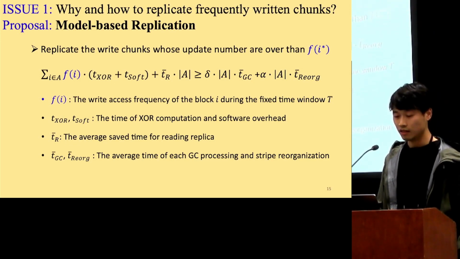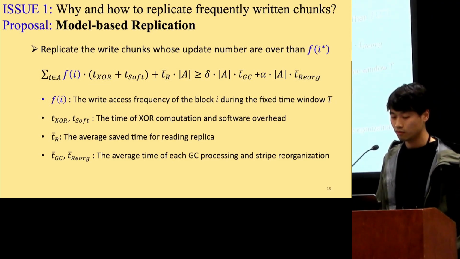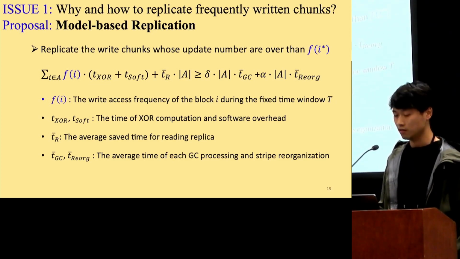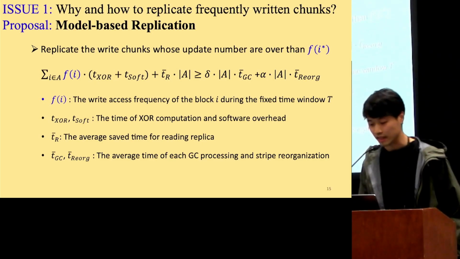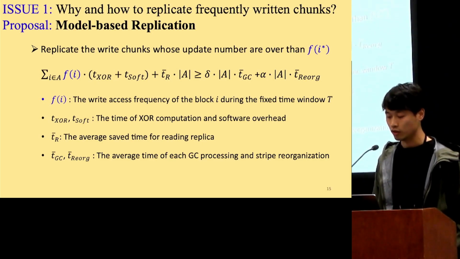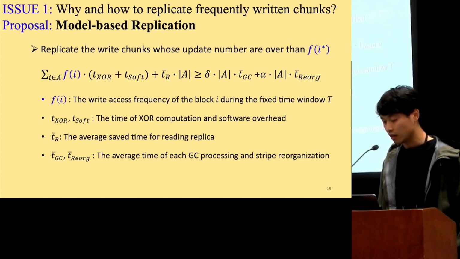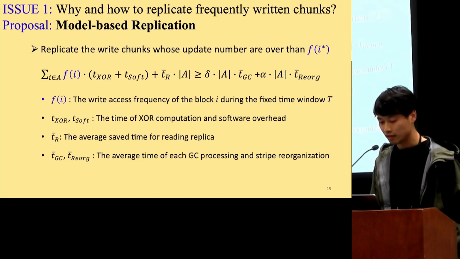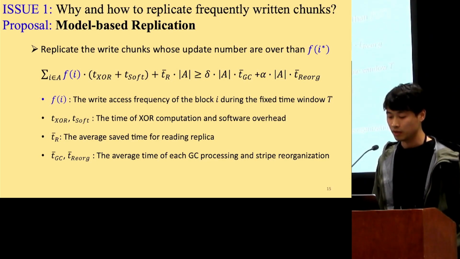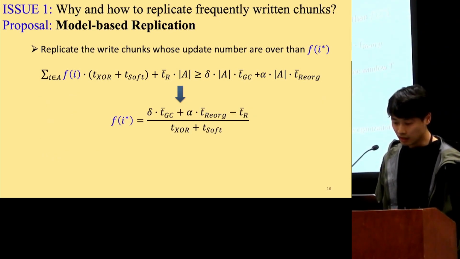The T XOR and T software are set based on the real test, and the following T R, T GC, and T reorganization are estimated based on the last time window.